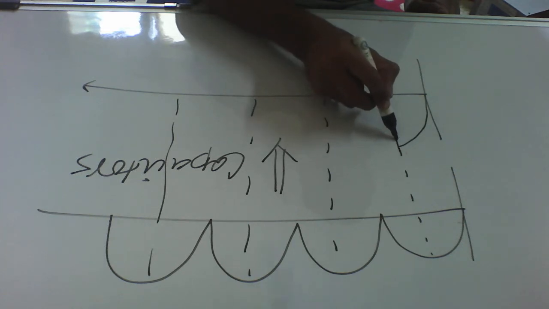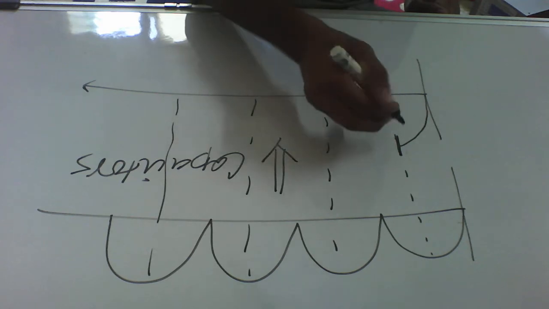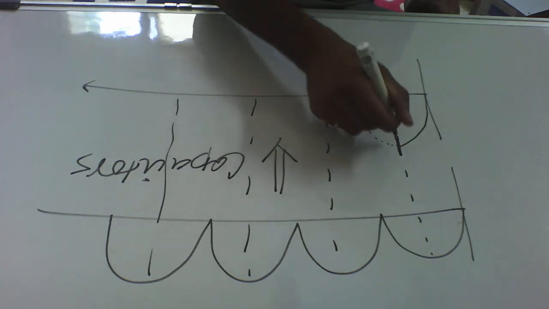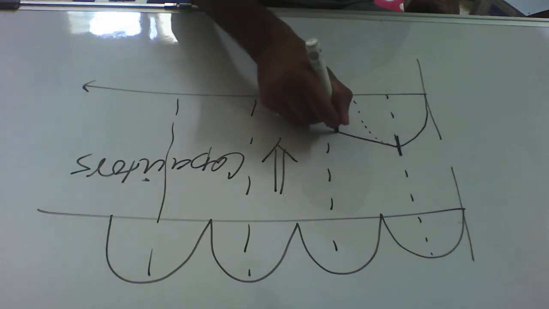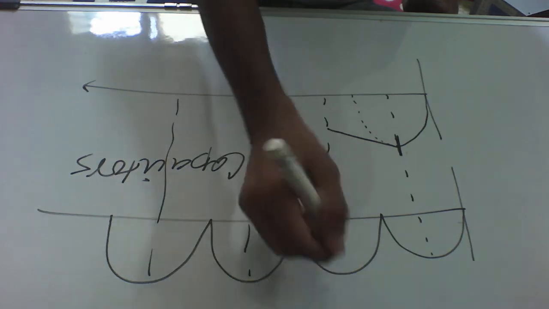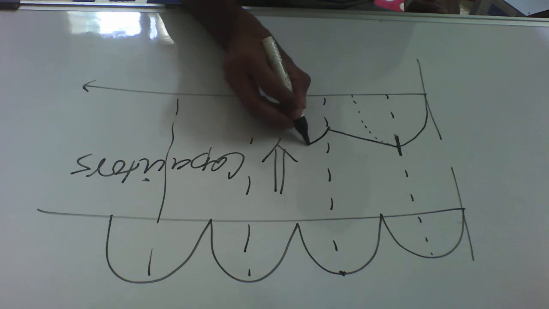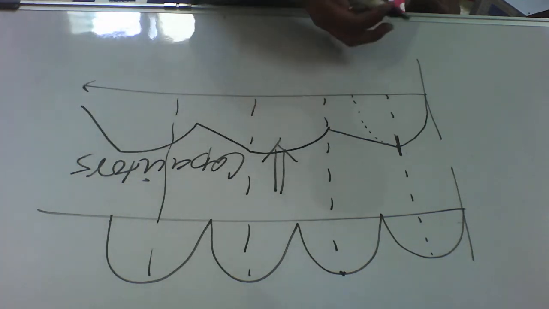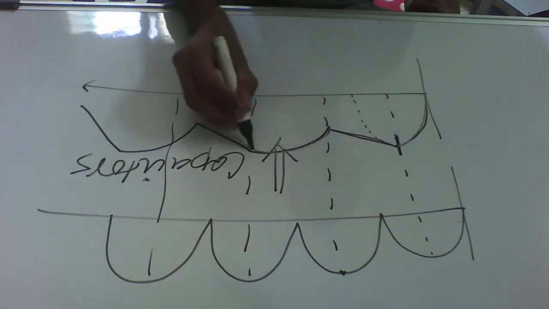Once the capacitor is charged to its maximum level, as the wave goes down, it will start discharging in this fashion. Again, when the positive part comes here, it starts charging and then discharging, charging and then discharging. So this is how the output of the capacitor looks like: a charge wave and a discharge wave.